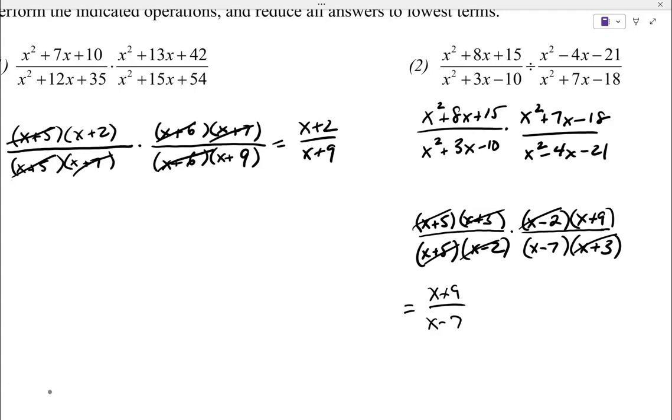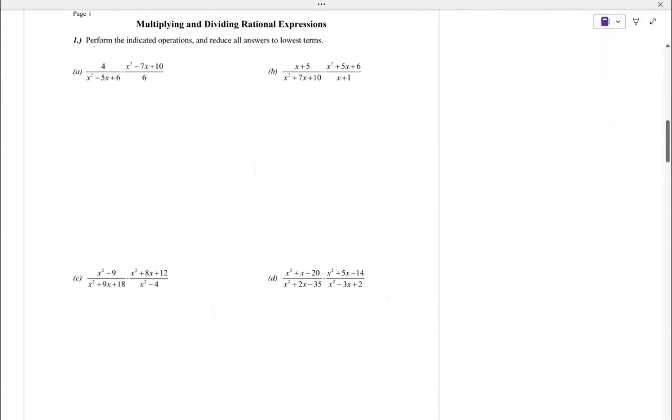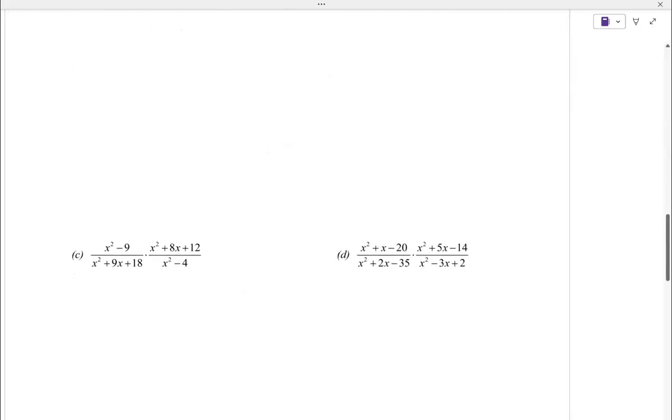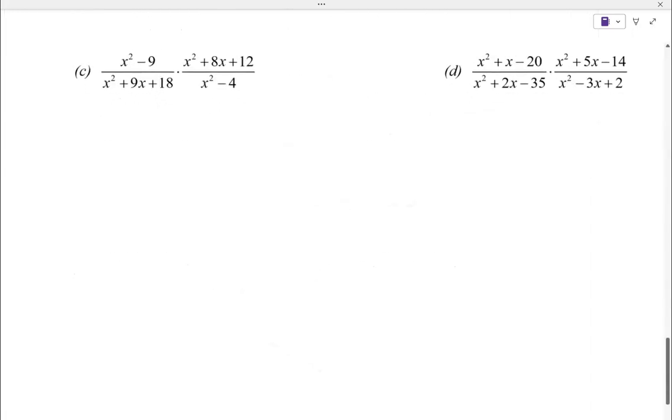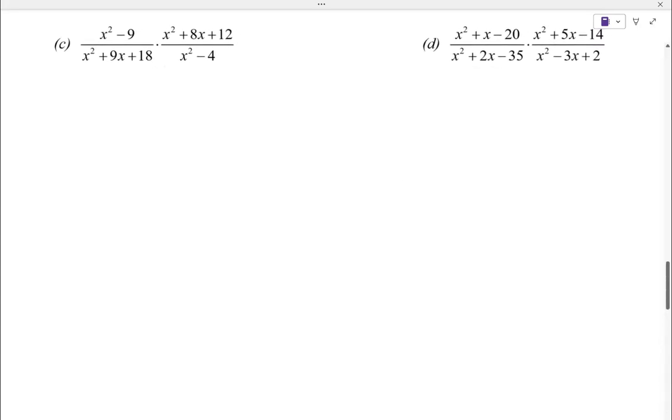All right, let's do one more together, and then I'll turn you loose on the worksheet. Let's do C together, just to remind ourselves of how we factor those.